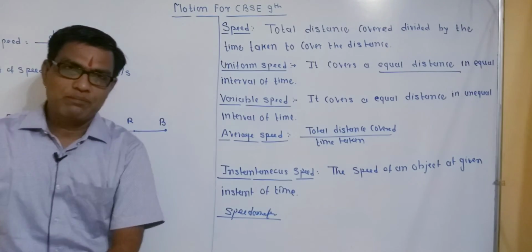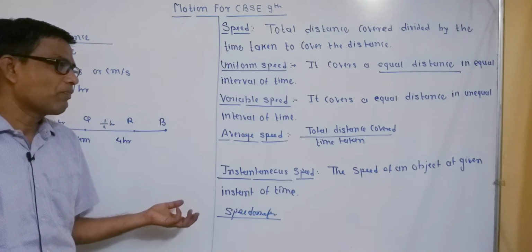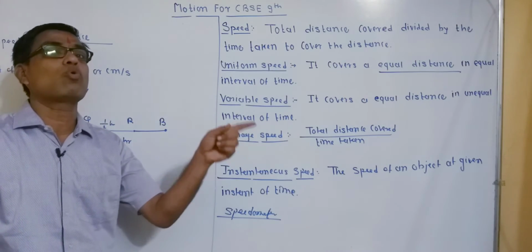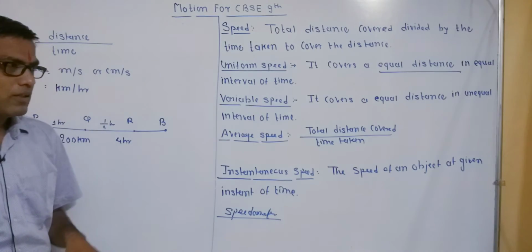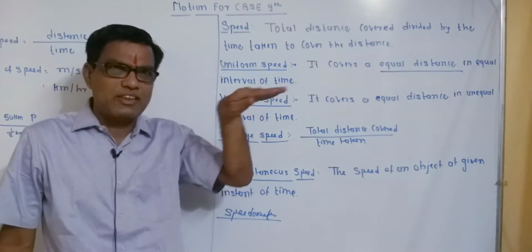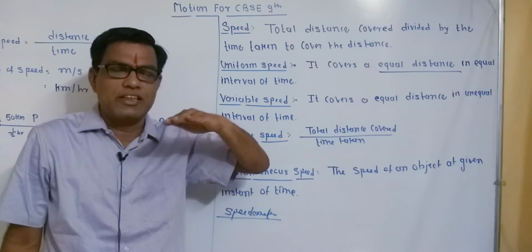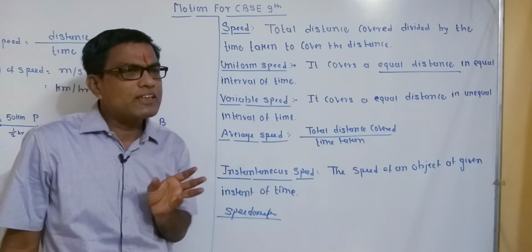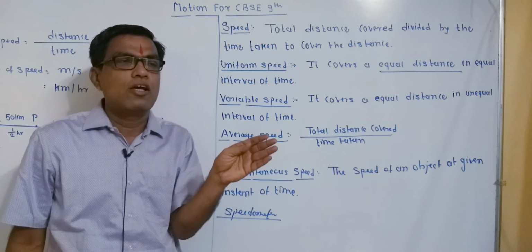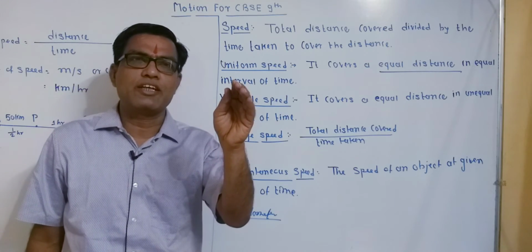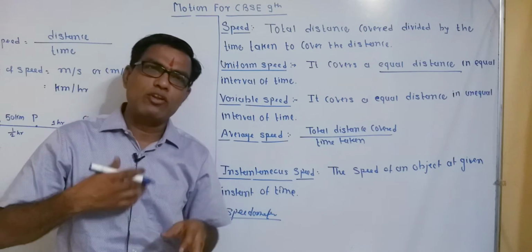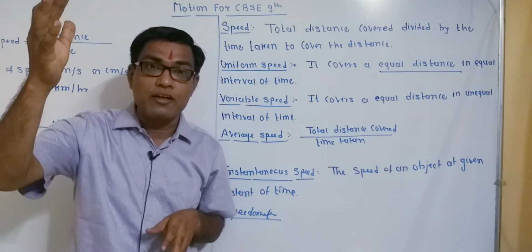Then average speed. What is the average speed of a body? Total distance covered by the body in the total time interval. जैसे कोई बस है, बस स्टेशन में से, स्टैंड में से निकलती है, वहाँ से निकलते ही जब स्टार्ट होगी तो 10 किलोमीटर पर आवर स्पीड होगा, फिर बाद में मेन रोड पर आ जाएगी तो 20 हो जाएगा, फिर 30 हो जाएगा, जैसे एम्प्टी रोड मिलता है तो 50 किलोमीटर पर आवर भी हो जाएगा.